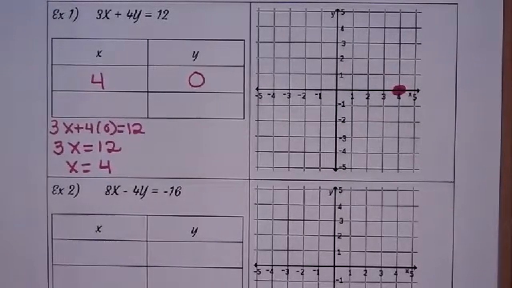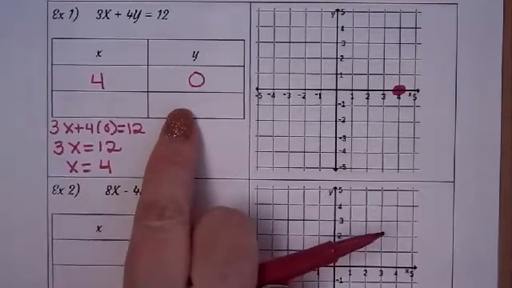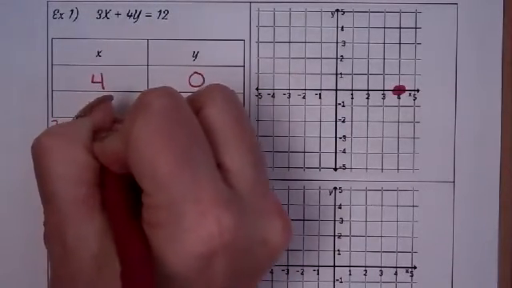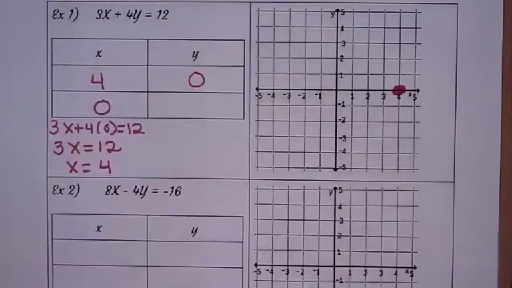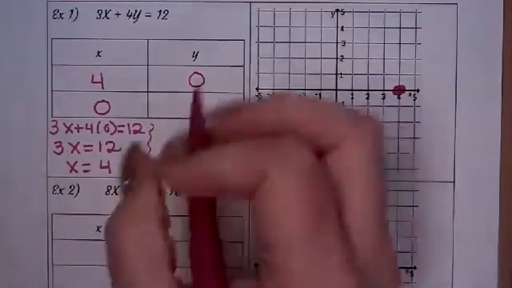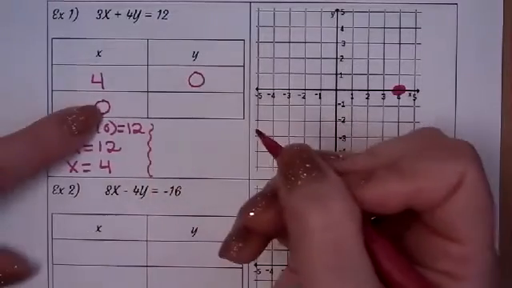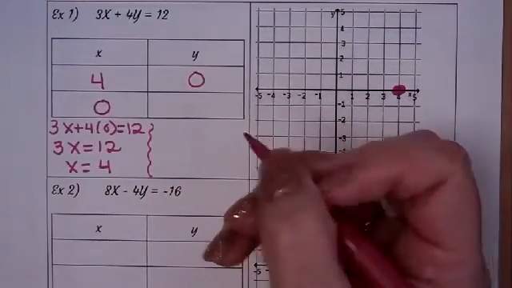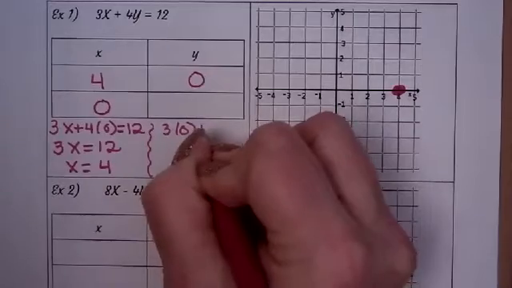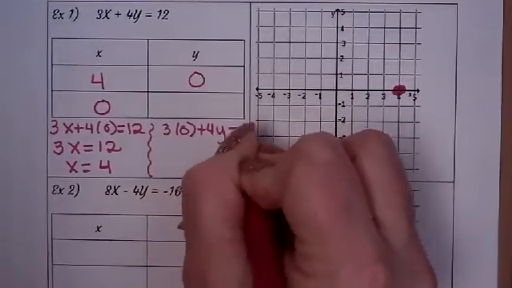Now, I'm going to repeat this process to find my y-intercept. But to find the y-intercept, what we know is that the x value is 0. Okay, so I'm going to just repeat that right here. So I'm going to let x be 0. So I'm going to have 3 times 0 plus 4y equal to 12.